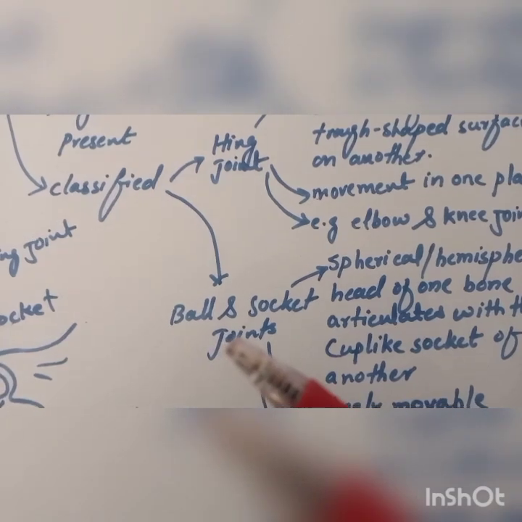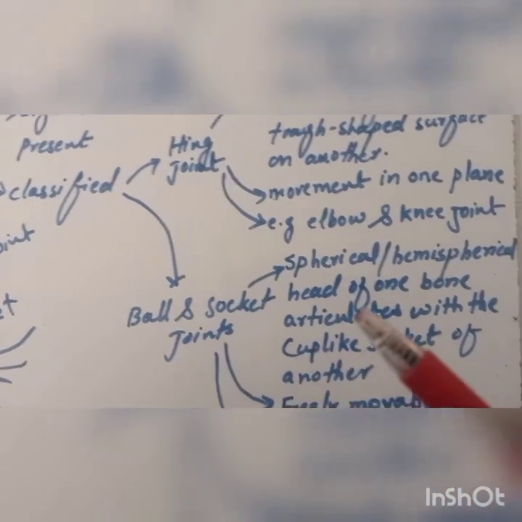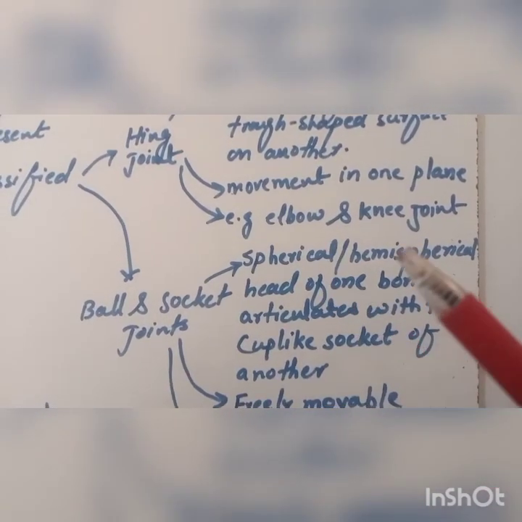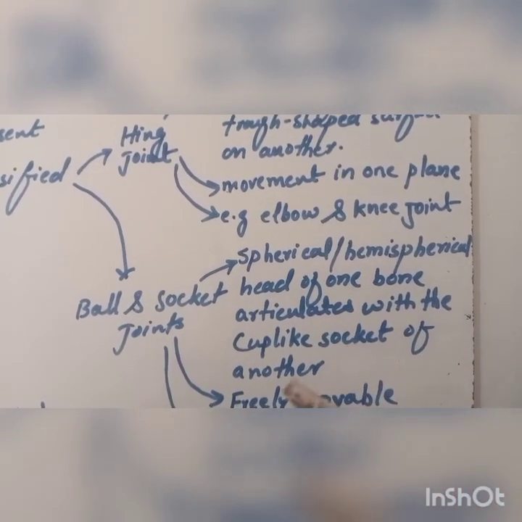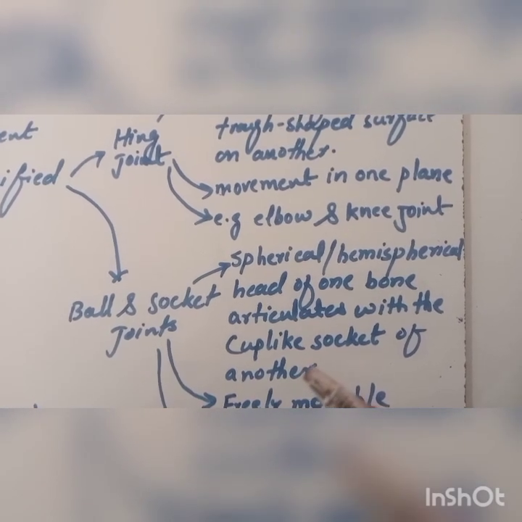The second class of synovial joint is ball and socket joints. In these joints, the spherical or hemispherical head of one bone articulates with the cup-like socket of another bone.